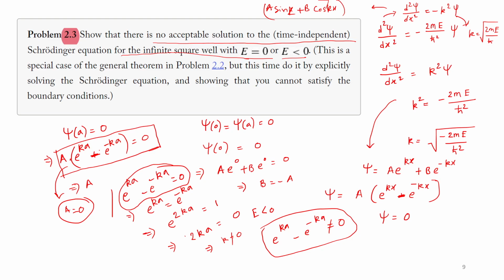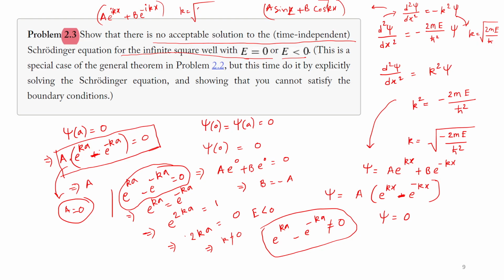So the doubt I was asking: I was also thinking that suppose this is also a general solution, like what we used to write, a e to the power ikx plus b e to the power minus ikx. Okay, here kappa is different.